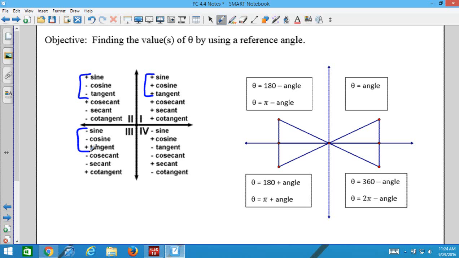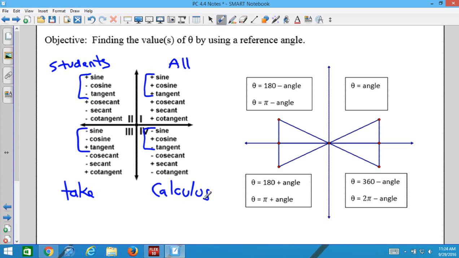If you're memorizing that, this is called "All Students." That's just a saying that somebody has made up to help you remember which ones are positive in which quadrant. So in quadrant 1, all of them are positive.